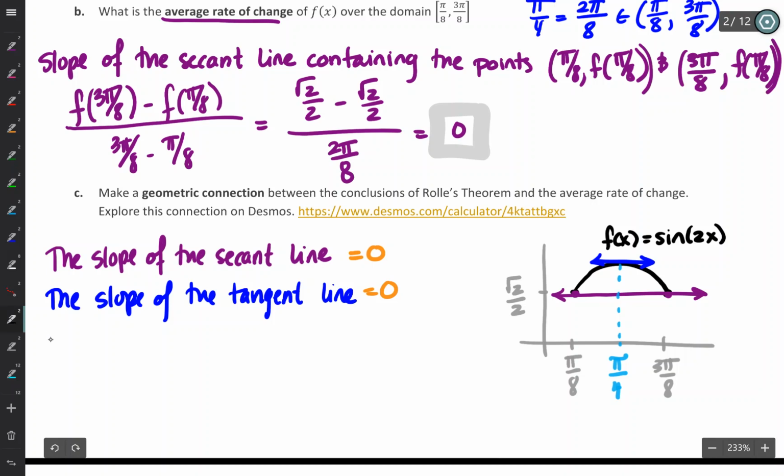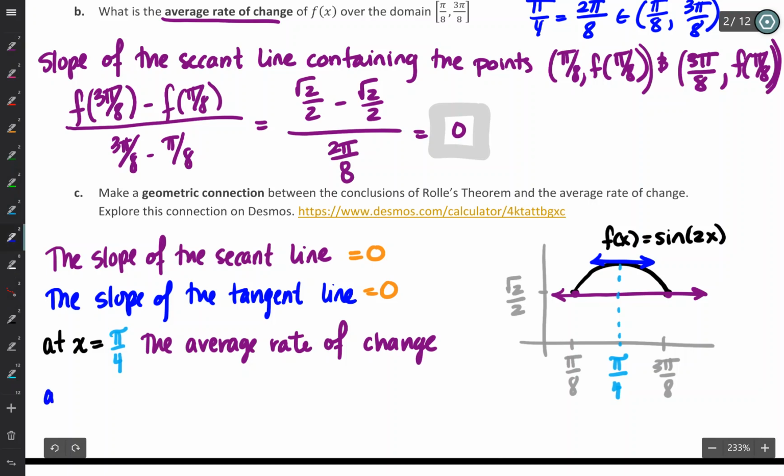So at x equals pi over 4, the average rate of change and the instantaneous rate of change are both 0.